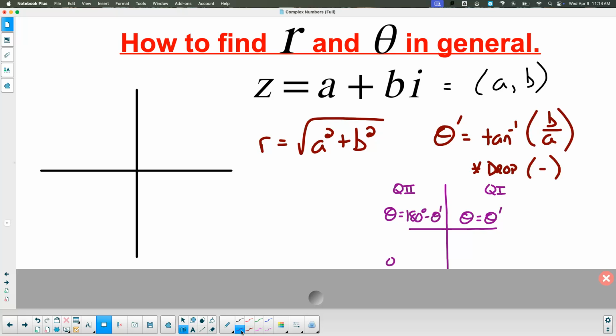If we're in quadrant 3, 180 plus the reference angle. And if we're in quadrant 4, 360 minus the reference angle. All good?